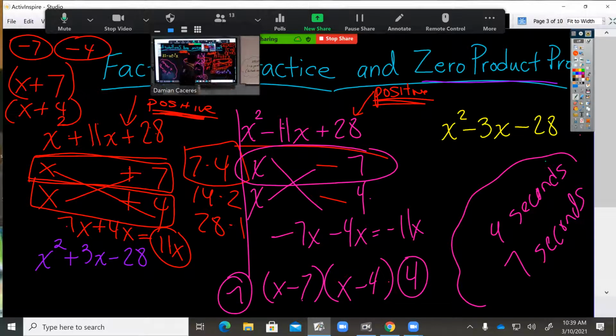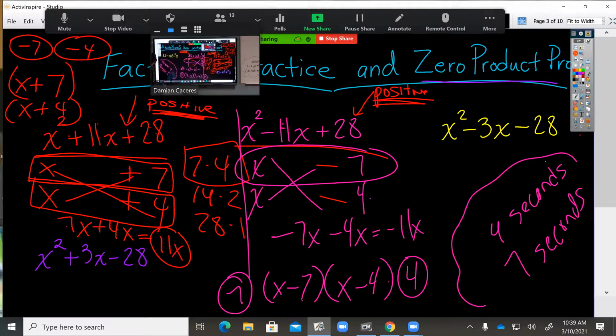You understand? These answers mean seconds in real life. So if it says 4 seconds and 7 seconds, that means it went 4 seconds, hit the ground, up for another 3 seconds, hit the ground. That's what these represent in real life.